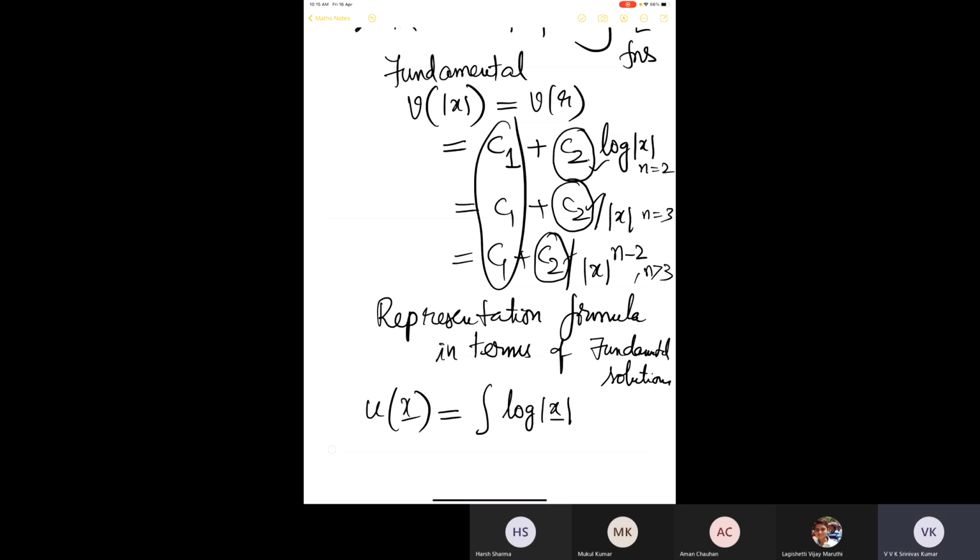There is an integral. Recall what Green's identity is.